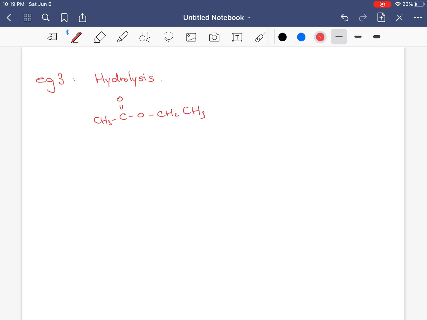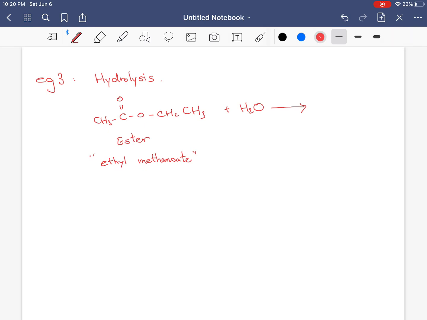Here's an ester. This guy is called ethyl methanoate. If you were to put that in water, hydrolysis will occur. Now don't worry about the catalyst here. There is a catalyst, but again, this is going to be one of those specific ones.